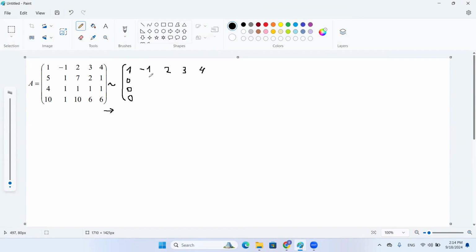Yeah, go on. -5 multiplied by -1 will be 5. Oh, minus. No, wait. We also need to add here. It will be 6. 6, right? -5 multiplied by 2 will be -10 plus 7. It will be -3.